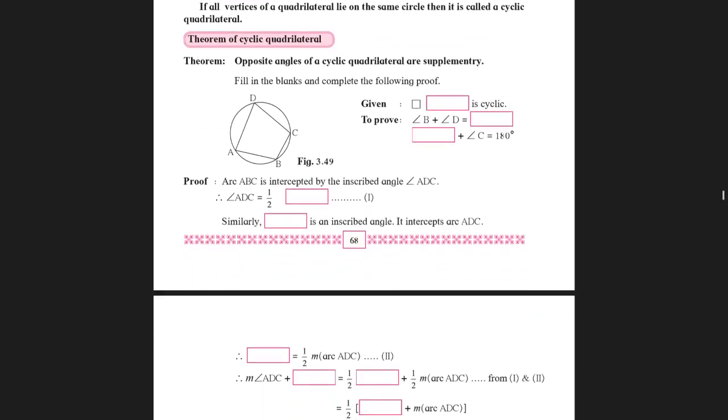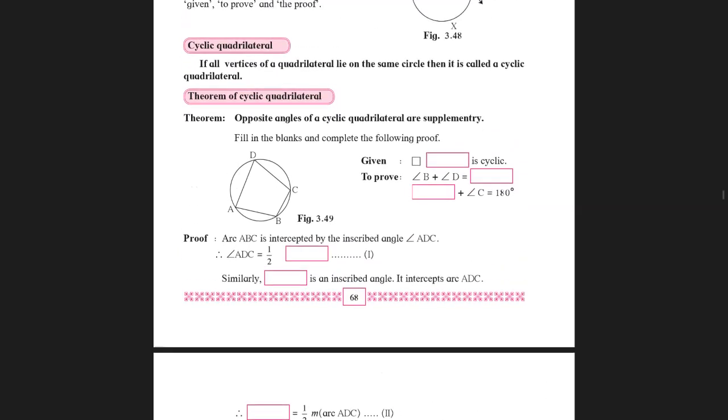There is a theorem that we learn: opposite angles of a cyclic quadrilateral are supplementary. It's a very, very easy theorem and a very important one. It is usually asked in the question papers. If you look at your old question papers, you will find that most of your papers will have this question. It's a very simple theorem. Usually it's asked for 3 marks.